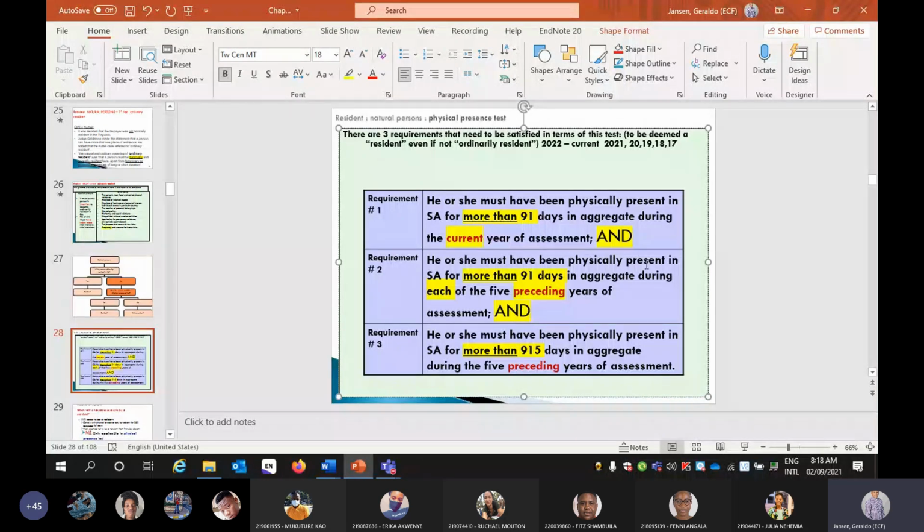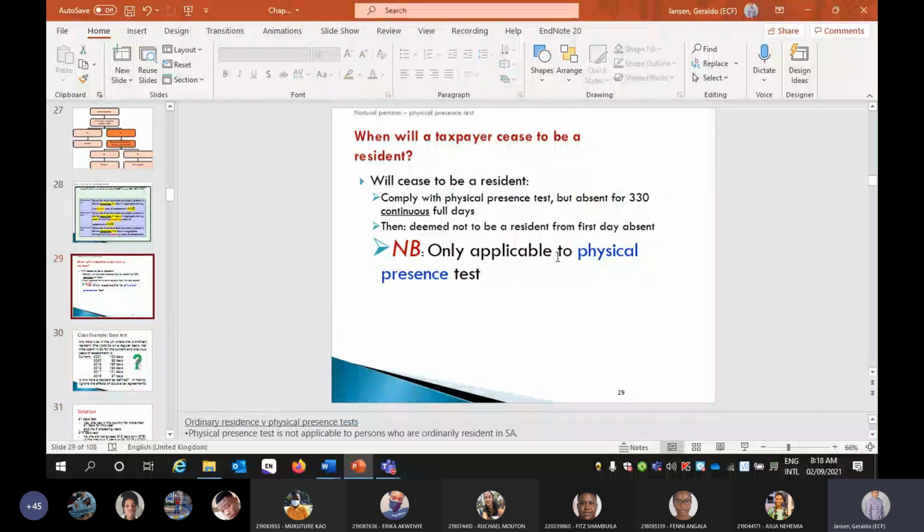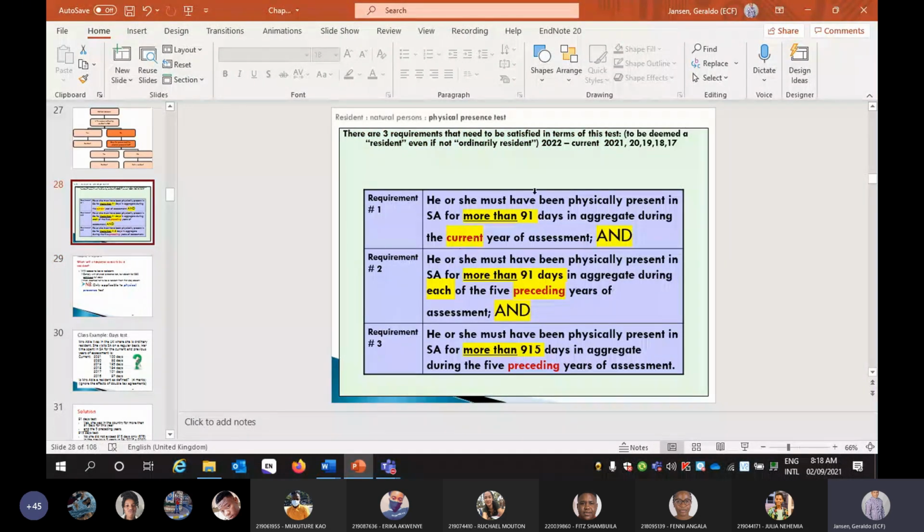Now, guys, you will cease to be a resident if you comply with the physical presence test. So even if you meet all of these requirements, but you were absent from South Africa for 330 days continuously.